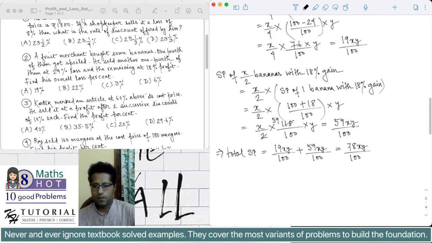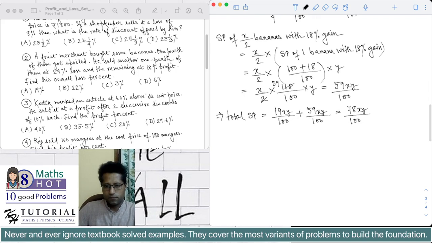Also we know that the total cost price is rupees xy, and definitely we can see that the selling price, 78xy by 100, is less than xy, which means that there is a loss. Selling price is less than cost price.